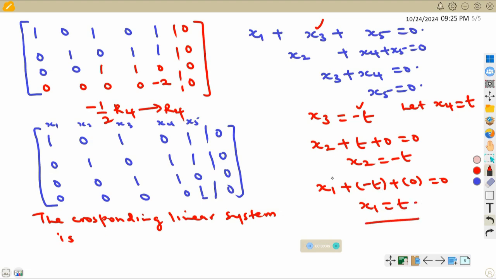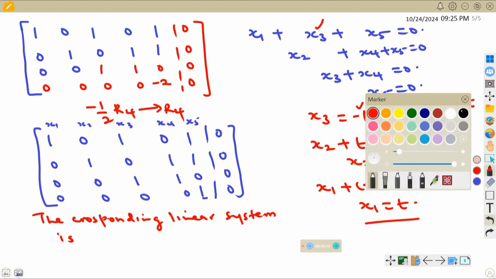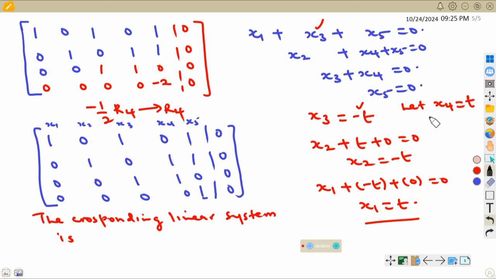So we have x1, x2, x3, x4 is t, and x5 is 0. Here, t is any parameter from the set of real numbers.